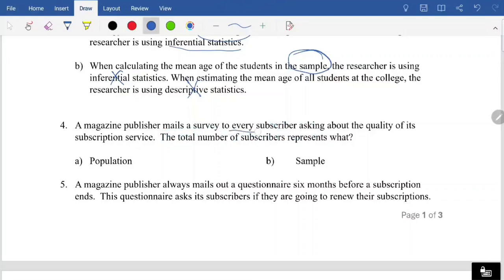So that's the key word, every subscriber, asking about the quality of its subscription service. So every subscriber represents the population. So the answer should be population, not the sample. The two choices given to us were population and the sample. Since they've mailed it to every subscriber in their list, it's going to be the population.